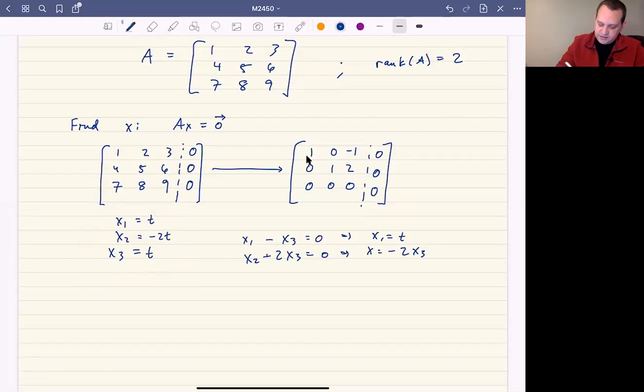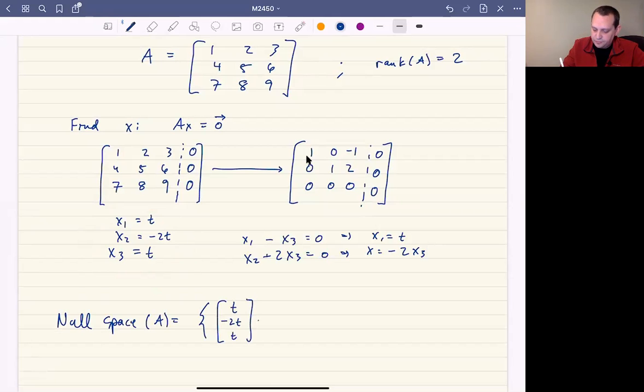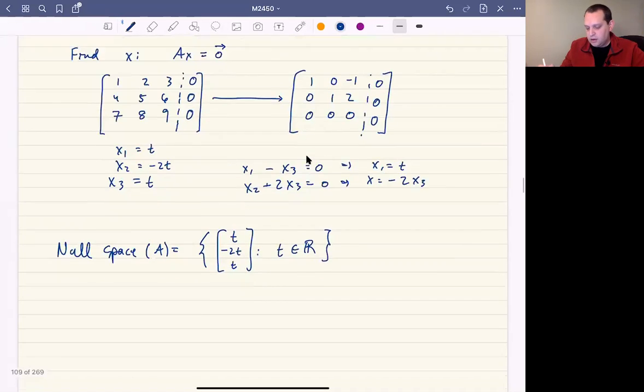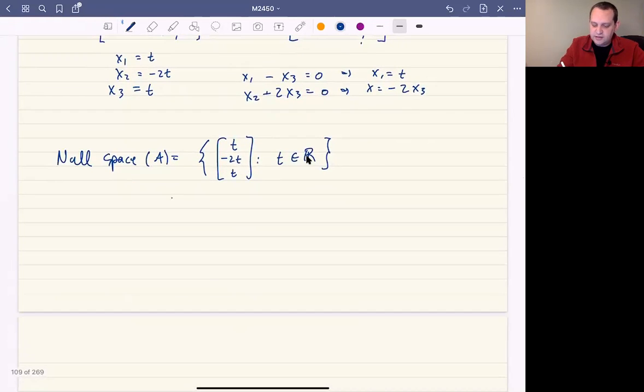And so the null space of A is going to be the set of all vectors of this form, t, negative 2t, t, where t is allowed to be whatever we want. And we can actually write this in a better way now.